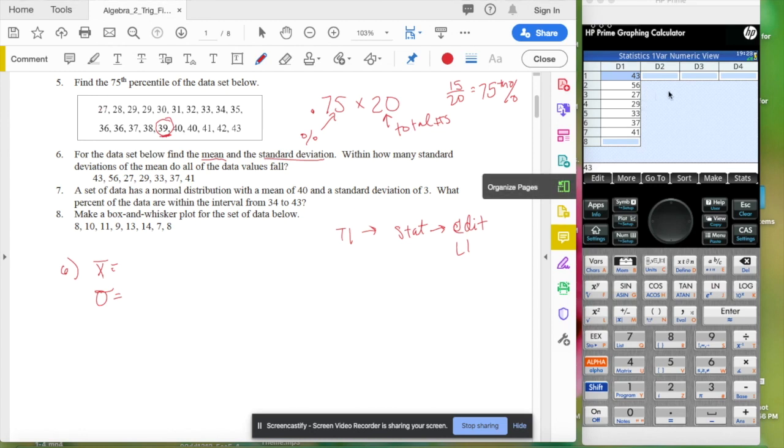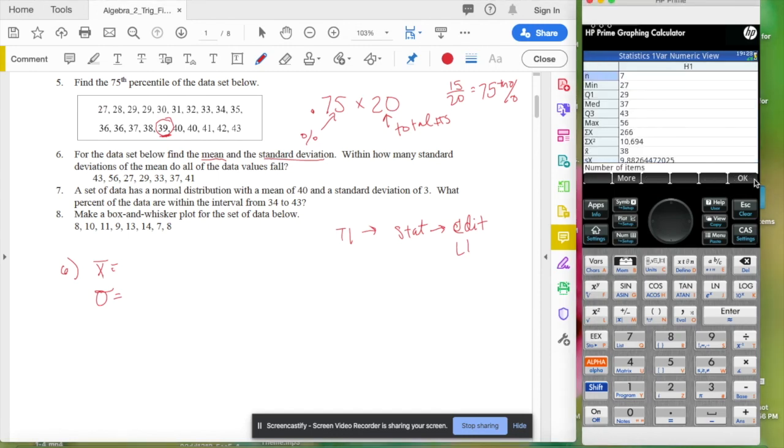So for the HP Prime people, once you enter your data, you're going to click stats, and it's going to show you all of the things here. And it's showing us that our mean, the little x with the bar, is 38. And then our standard deviation, let's see if we can scroll down. Oh, in this case, it's a sigma with an x. I think in the TI, it gives you the hat as well.